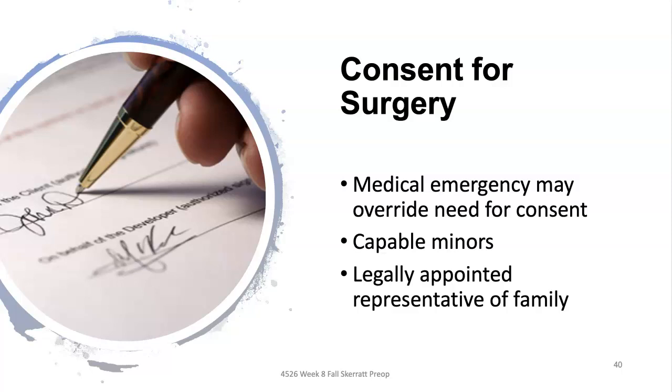Children and adolescents should be assessed for capability to consent on an individual basis. In Quebec, people 14 years and older can give consent. In Ontario, I believe it's 16. Also, a legally appointed representative or family member may consent if the client is a minor, unconscious, or mentally incompetent.